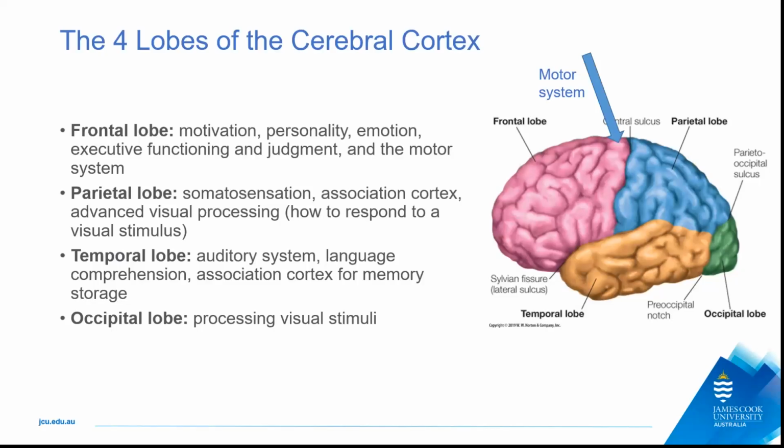That's what we call the association cortex. And advanced visual processing, the secondary upper levels of visual processing. So it's not just basic lines and shapes, but we want to look at texture. That involves parietal lobe function. Also spatial orientation, the parietal lobe is highly involved.